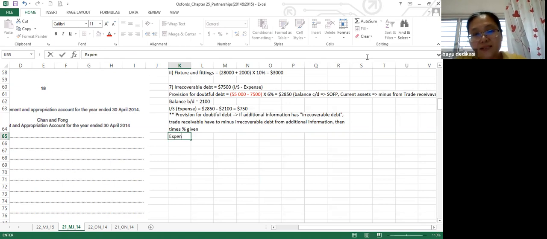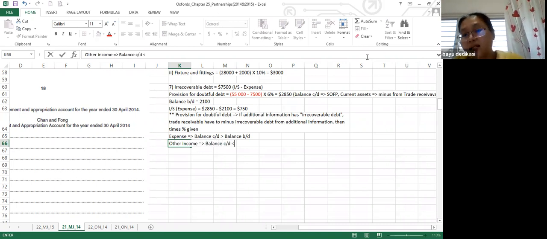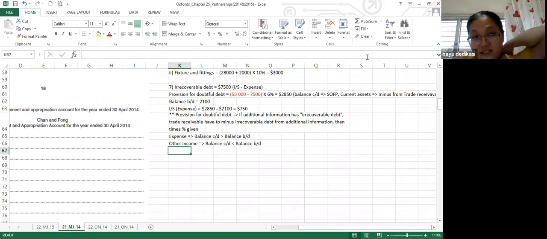If expenses, then you will have the balance carried down more than the balance brought down. If other income, if your provision for doubtful debt is other income, it means that your balance carried down calculation is less than your balance brought down. So this is the difference.